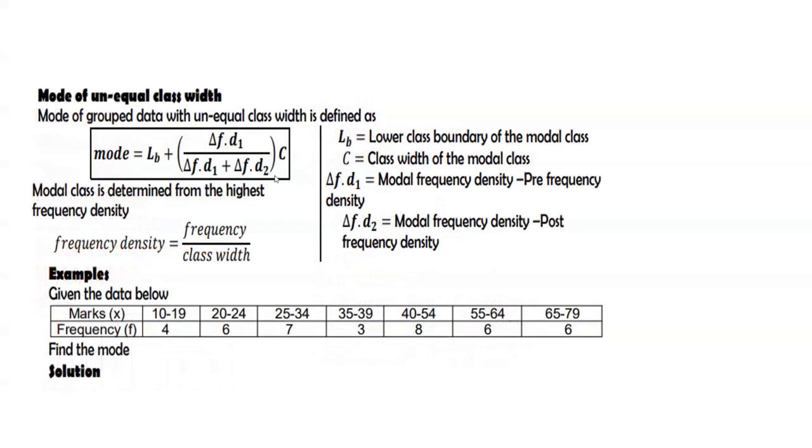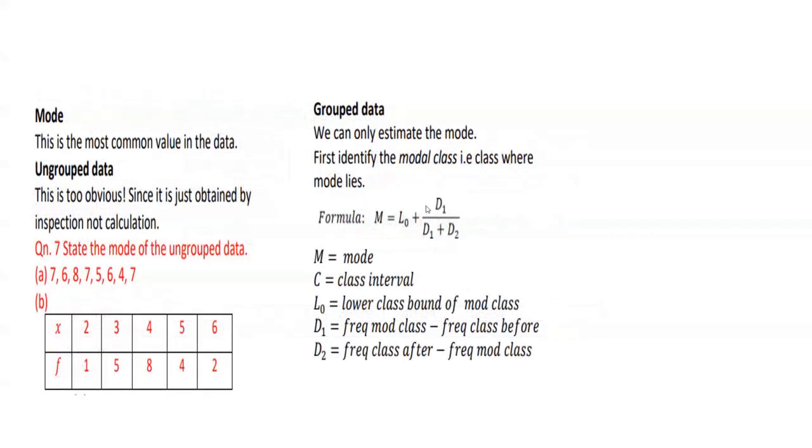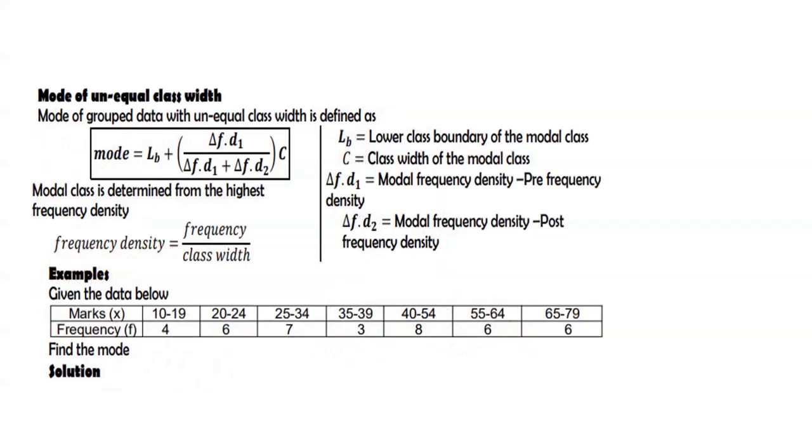Now, we are talking about this for grouped data. It means we have a uniform class width. But if we have a non-uniform class width or unequal class width, we are going to use what we call frequency densities.